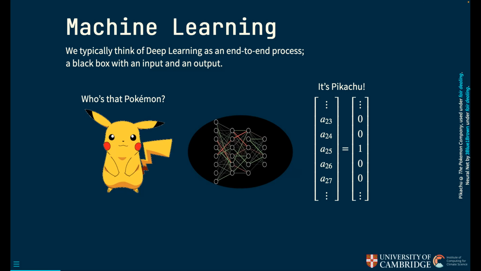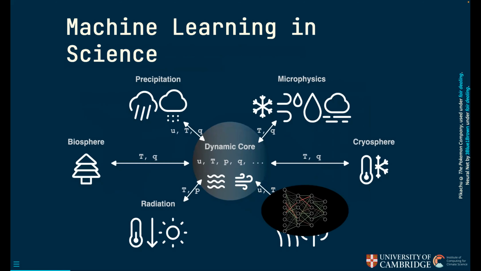And so what a lot of the projects we work with are trying to do, rather than having this single black box input to output, is actually looking at replacing part of a much larger physical model.